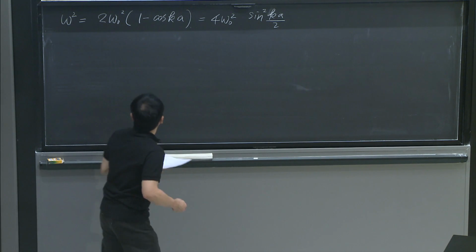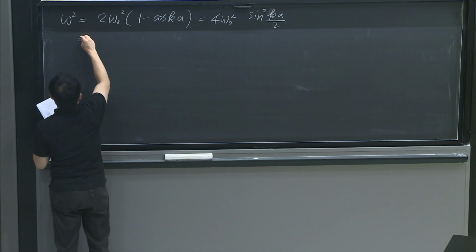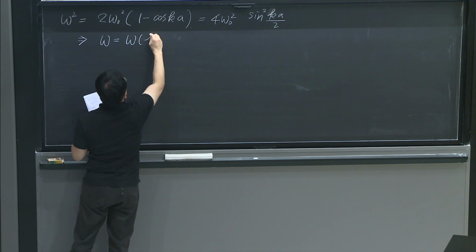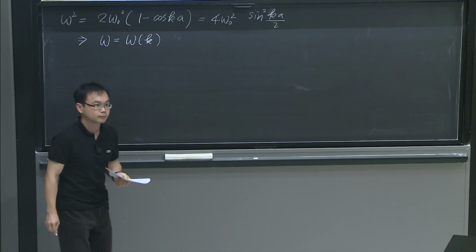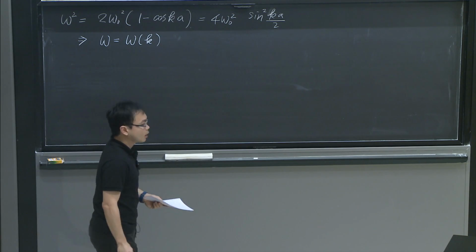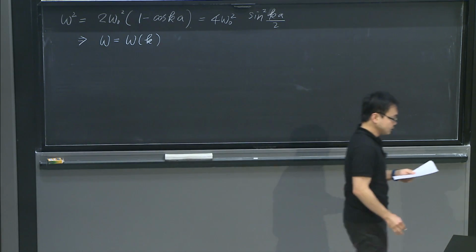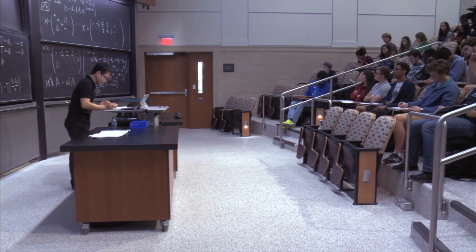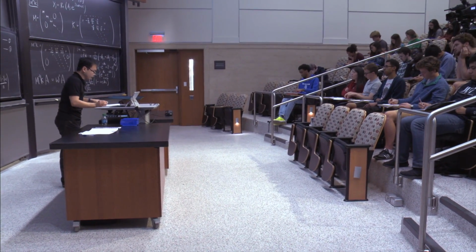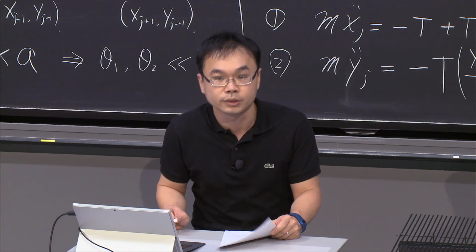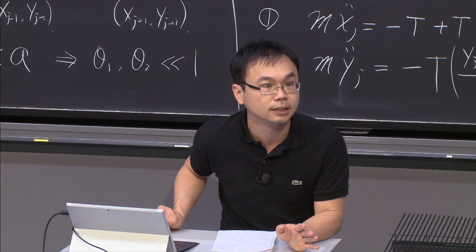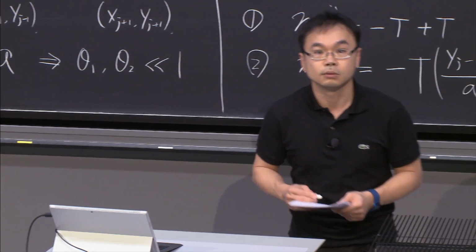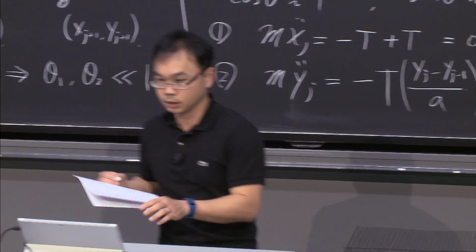And this is telling you that omega is a function of k. What is k? K is the wave number, and omega is the angular frequency of the normal modes, right?